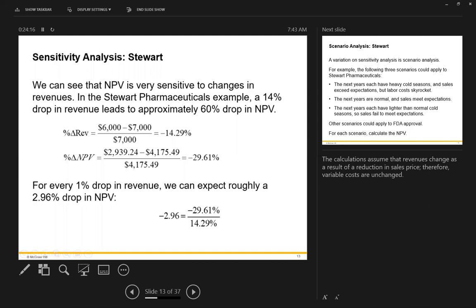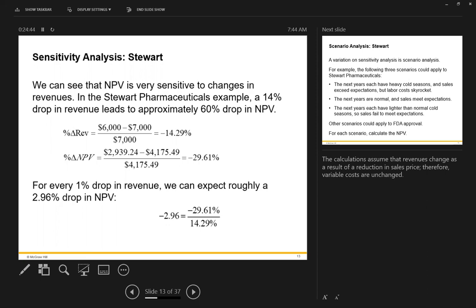When that happens, here's what happens to our NPV. NPV goes from 4175.49 down to 2939.24. Now that's already calculated for you based on that revenue being 6,000. So if you're like, where did that come from? It was calculated already.